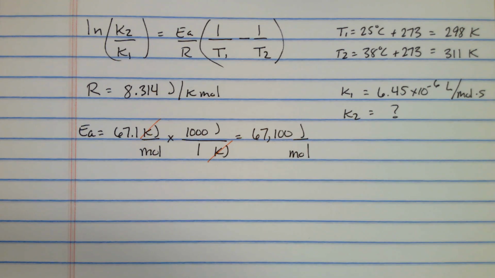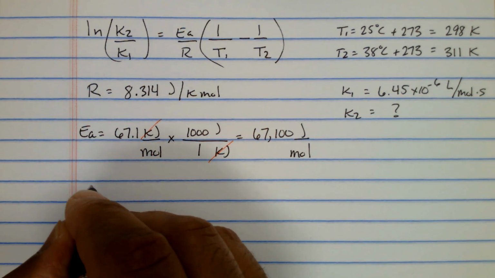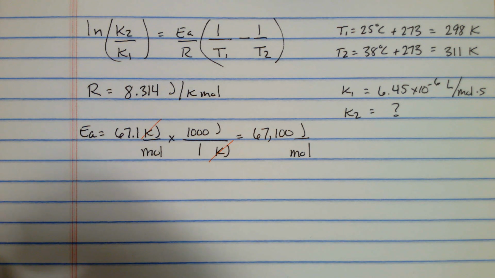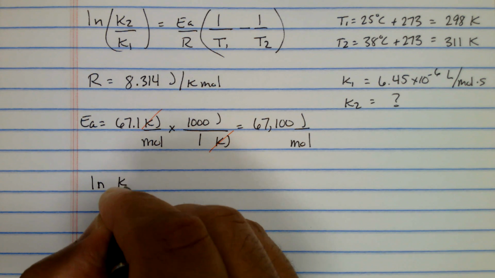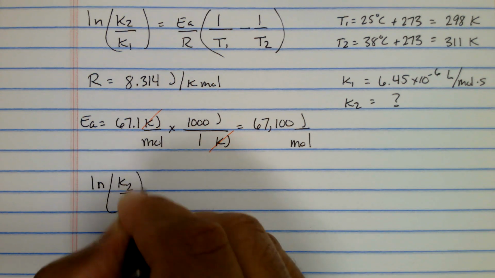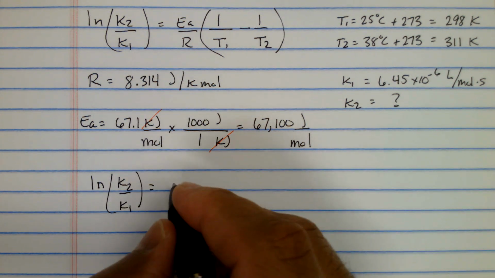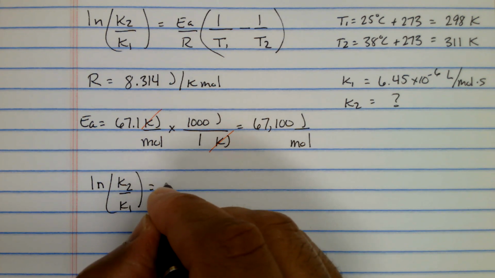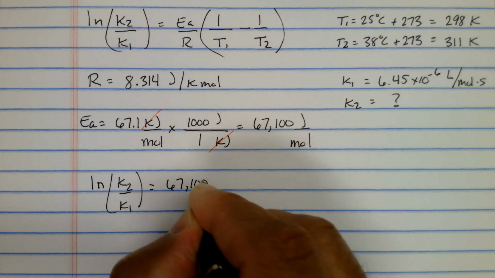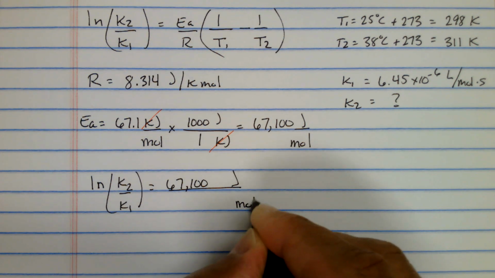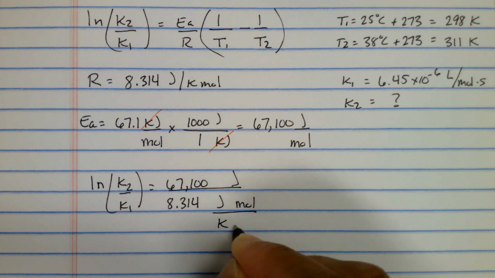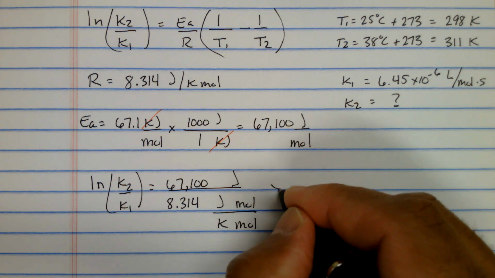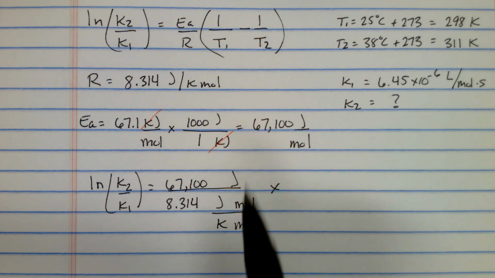So now we can plug and chug and solve for the second rate constant. For right now, I'll go ahead and solve the right-hand side first. I'll leave the rate constant terms alone for right now. And so when I plug these values in, we'll get some numbers. And now I'll plug in the temperatures.